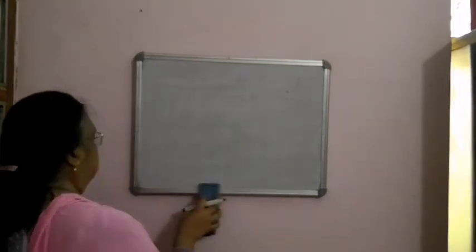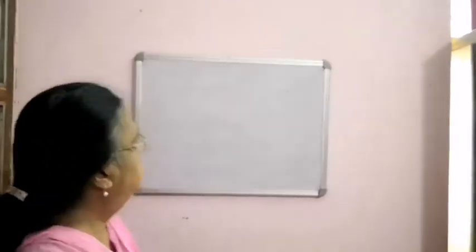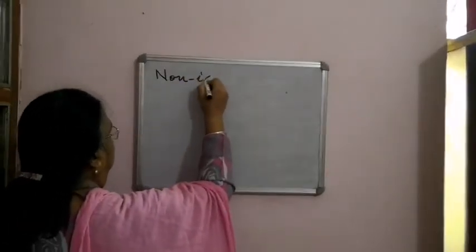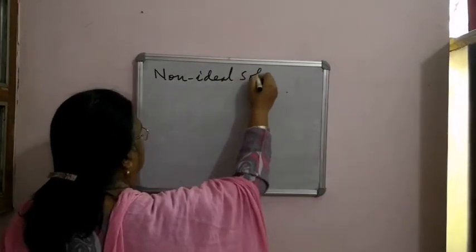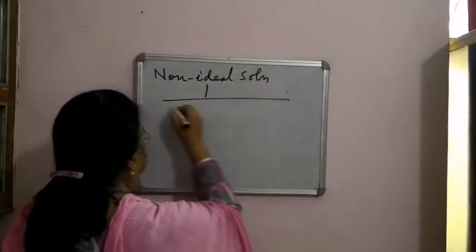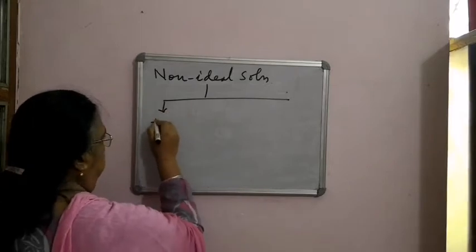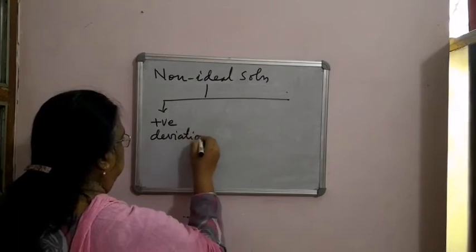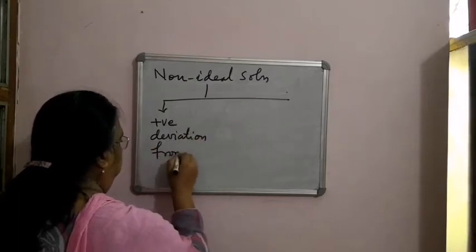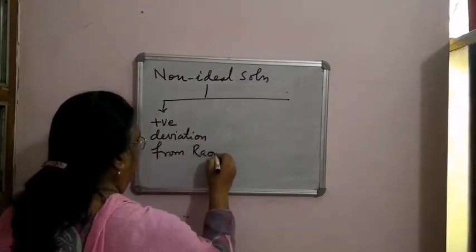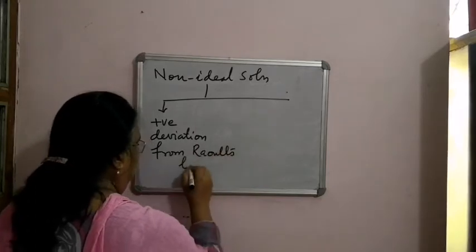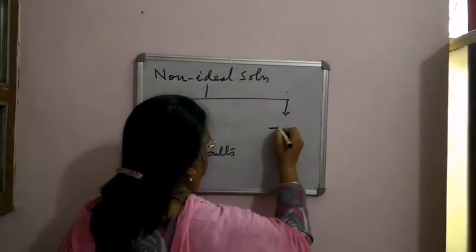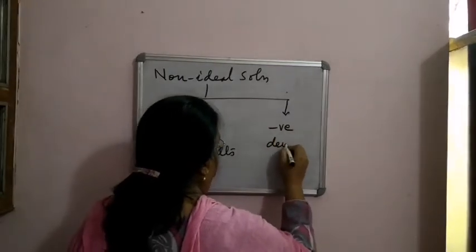So non-ideal solutions are of two types. Non-ideal solution is of two types: solutions which show positive deviation from Raoult's law, and solutions which show negative deviation.